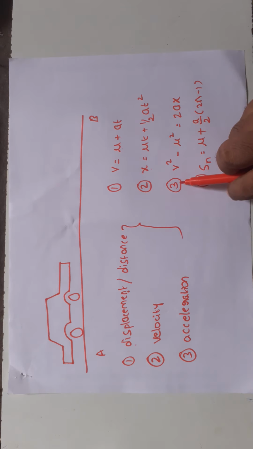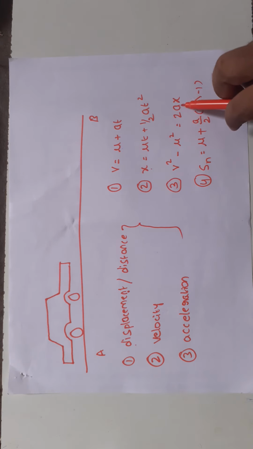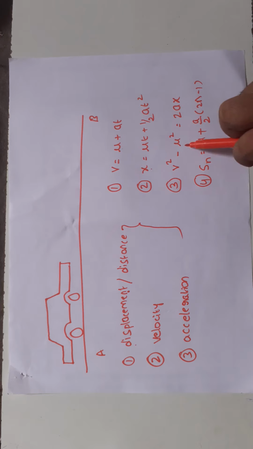Next, equation 3: v and u are velocities, a is acceleration, and x is displacement. Here how many physical quantities? 1, 2, 3. Three physical quantities are discussed. Next, the fourth equation, Sn equal to u plus a by 2 (2n minus 1), where Sn means displacement.